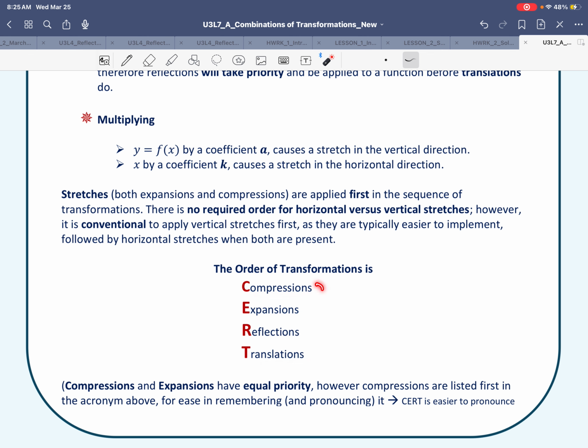Now remember that compressions and expansions stem from both multiplications of functions with either a or multiplication of the x variable by k. So they're both multiplications. So they both have the same order in a way, but we list the compressions first because it's easier to remember the acronym. CERT is easier than saying, for example, ECRT, right?